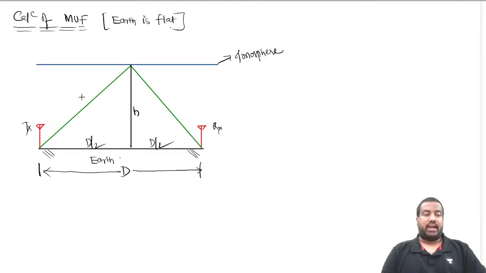You can see this is a right angle triangle over here. Hypotenuse square is side square plus side square. Hypotenuse is under root of side square plus side square.